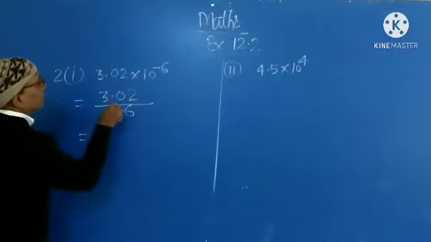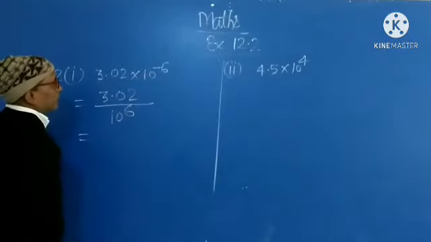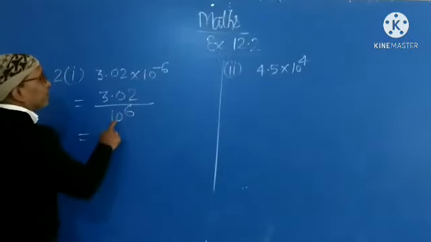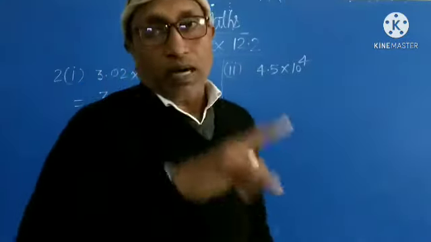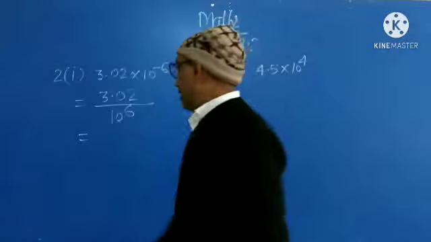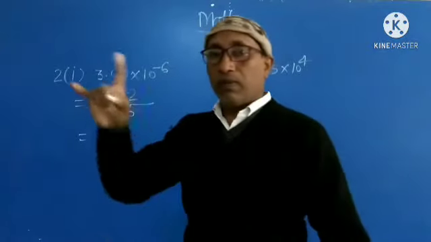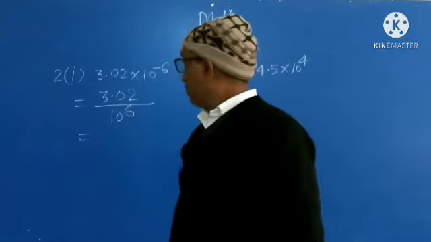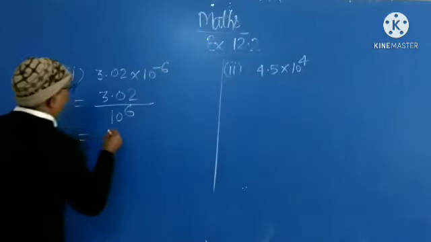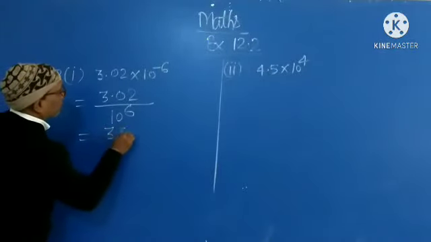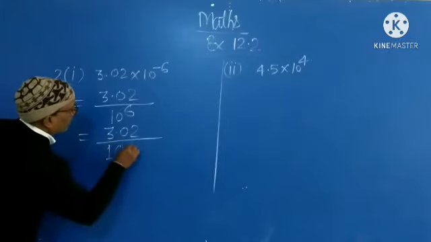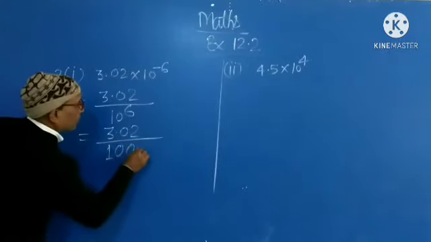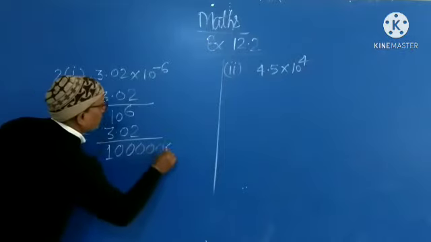This means you divide this decimal number by 1 followed by 6 zeros: 1, 2, 3, 4, 5, 6.